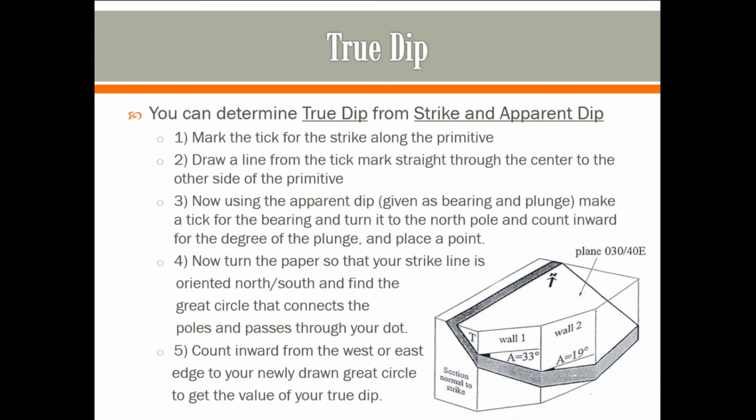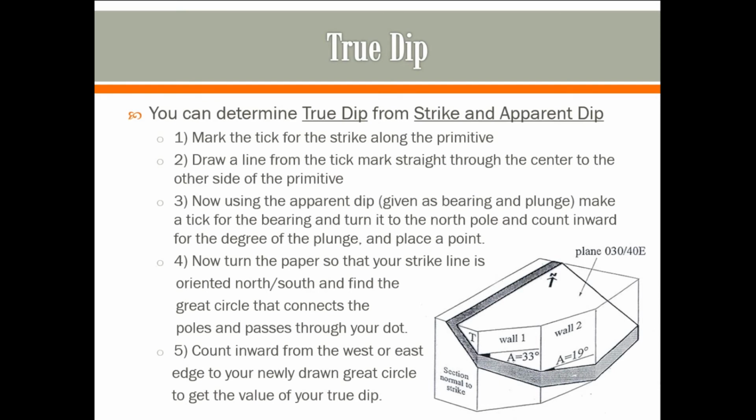So if we have the strike, there is some surface exposure, and we have just one apparent dip, we can find out the real strike and dip using a stereo net. You don't need to know what angle that wall was. If you were going to do it with geometry, you'd have to know exactly what angle that wall was, and then do some fun calc and trig and geometry type stuff to calculate what the strike and dip was.